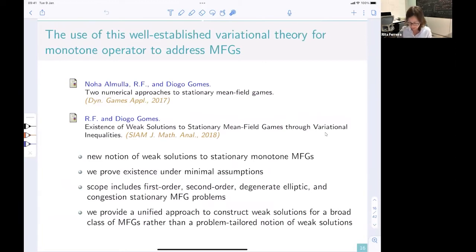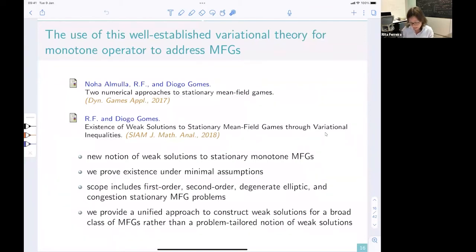It actually started with this paper, which is devoted to two numerical approaches to mean field games. One of them is based on these monotonicity ideas that we then developed quite extensively in this paper on stationary mean field games.